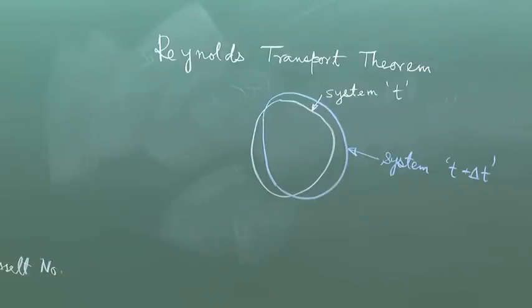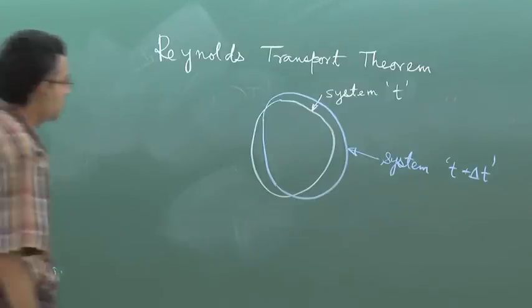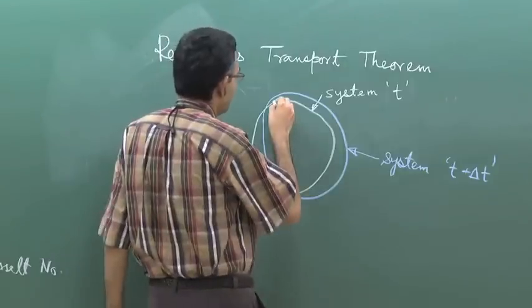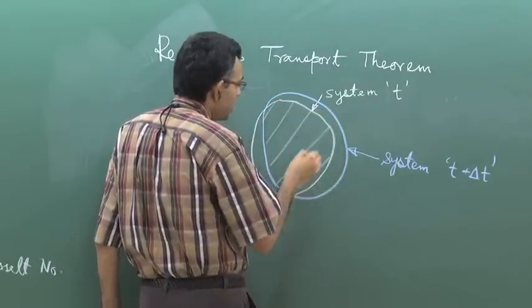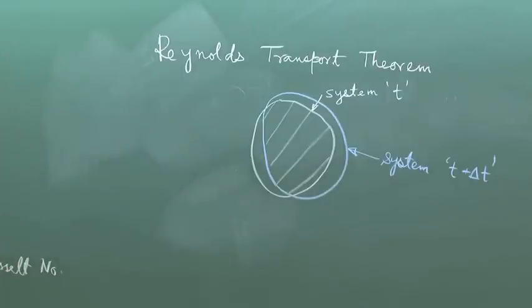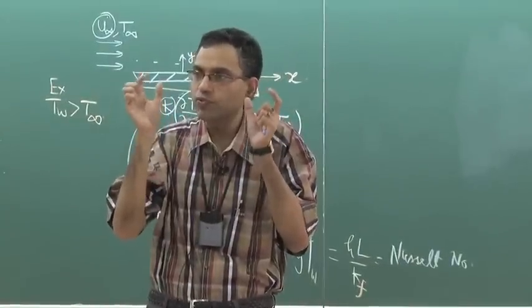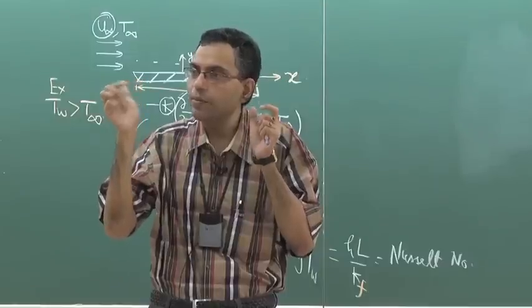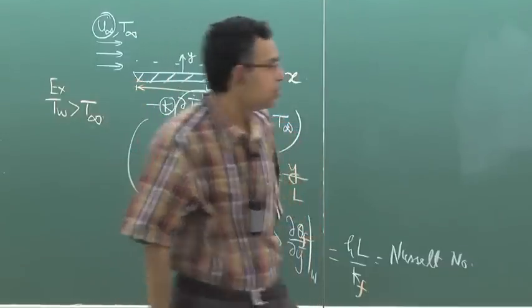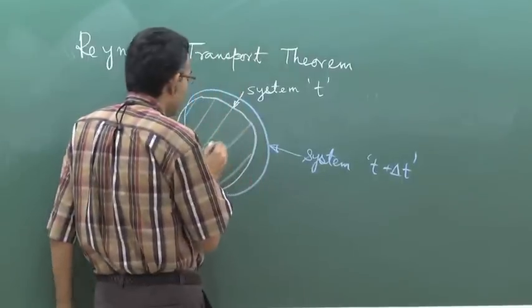This common region you can identify as a control volume, that is a fixed region on which you focus your attention over the time interval delta t in the limit as delta t tends to 0. So you can say that this is your control volume.